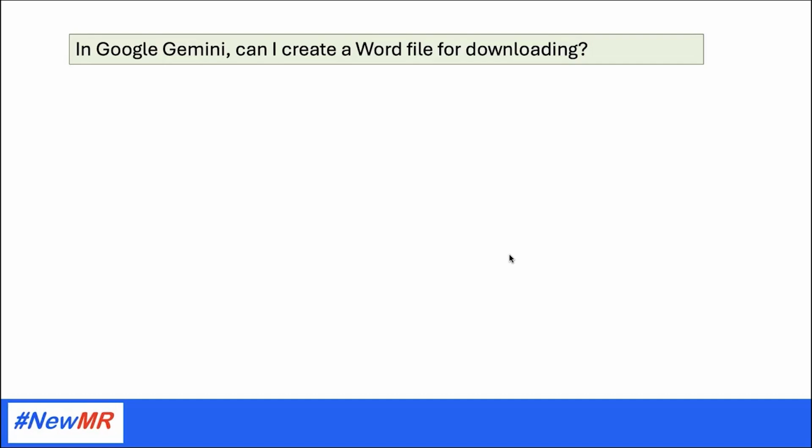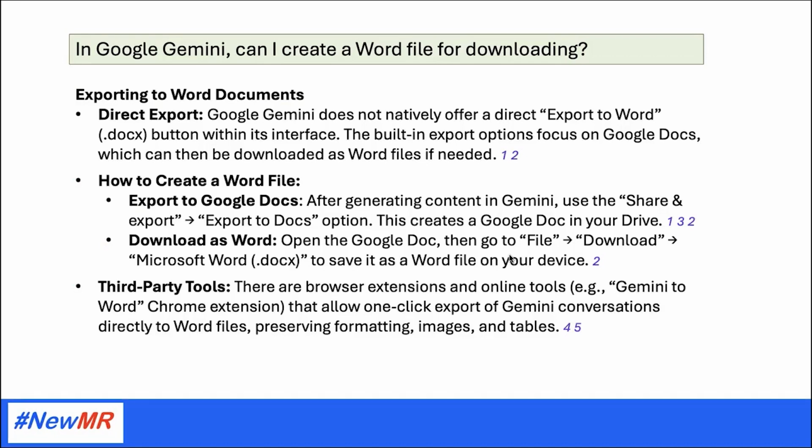Here's a question I asked in Google Gemini: can I create a Word file for downloading? And it comes back with, no, you can't do it natively. You can export Google Docs, so you can create a workaround by exporting it as a Google Doc and then loading that into Google and downloading it as a Word file, or you can use third-party tools. The reason that I prefer to use Perplexity to ask a question about Gemini is it's normally more up to date.